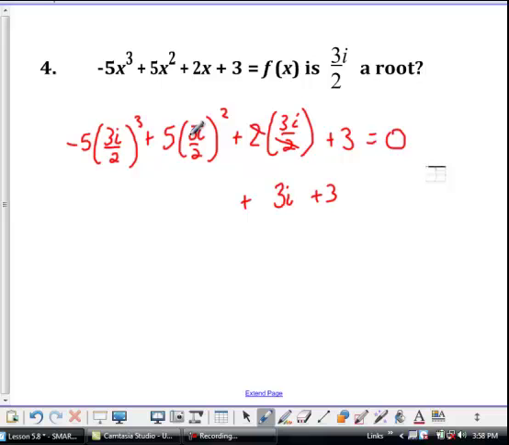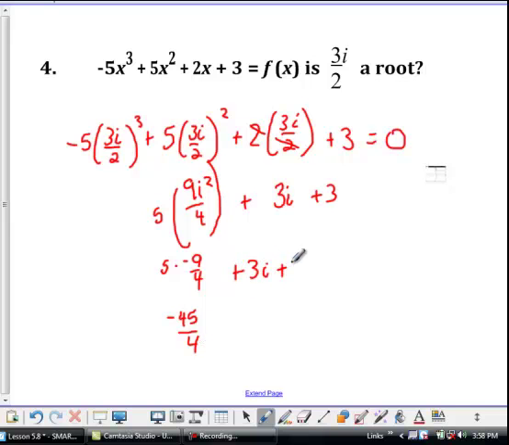All right, 3i over 2 squared is 9i squared over 4. I'm going to stick with that for a second. Well, i squared is -1, so this is 5 times -9/4. So that's going to be -45 over 4. And let's bring down the rest of my problem. All right.